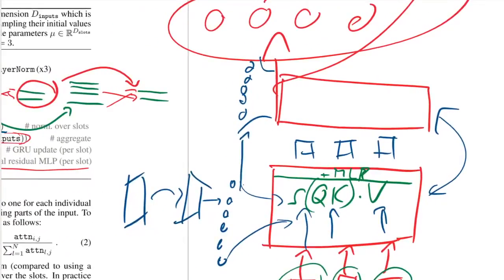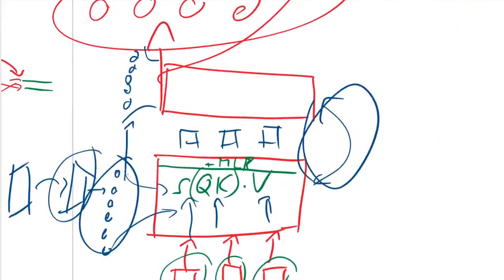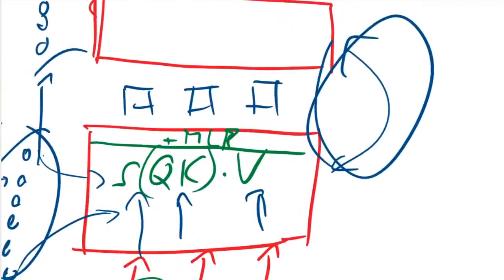Otherwise it's the same thing, except that these aren't produced by an encoder that is also a transformer. They're actually produced by a CNN, and the weights here are shared. The only difference is that in between here, they also have this GRU thing. But they do an ablation on it, and it's actually not that important. So you might as well just leave it away.